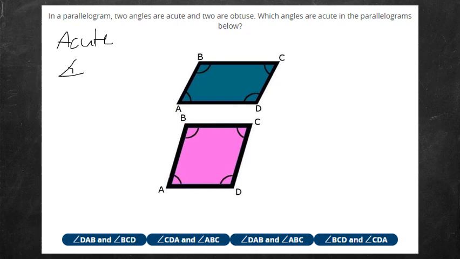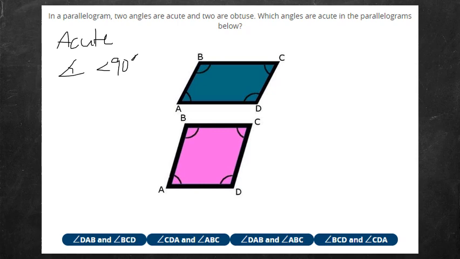So where do you see angles that are less than 90 degrees? Look at your answer choices. You have angle DAB and angle BCD.